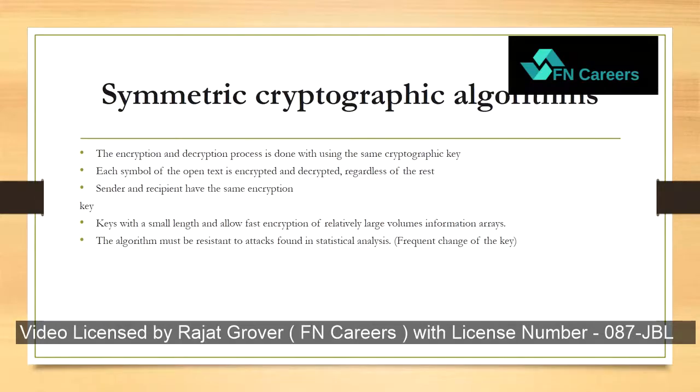Because the sender and the recipient are the only physical persons who have access to the secret key, if the system is compromised, they are the only ones who suffer the consequences from this. The problem that is relevant to other crypto systems is the issue related to the safe distribution of the symmetrical or secret key.